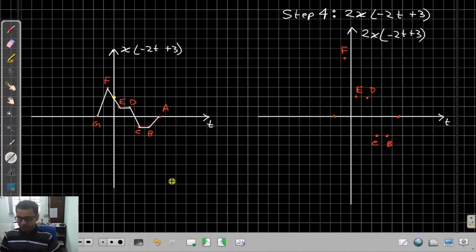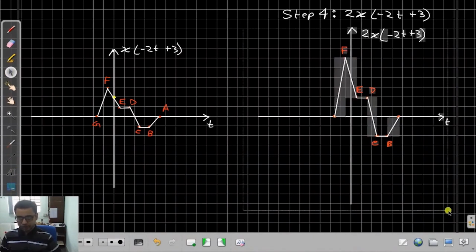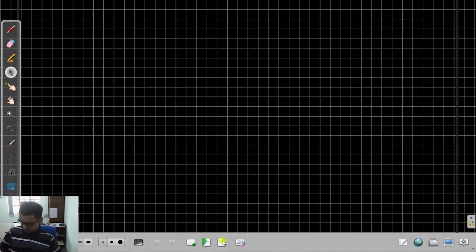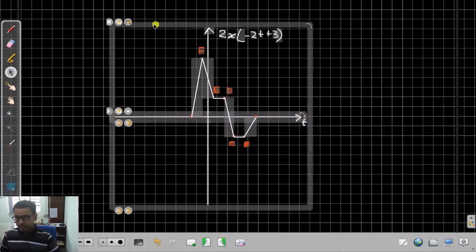Now join these points. This is the result of step 4. Step 4 is complete. We will move to the next page.